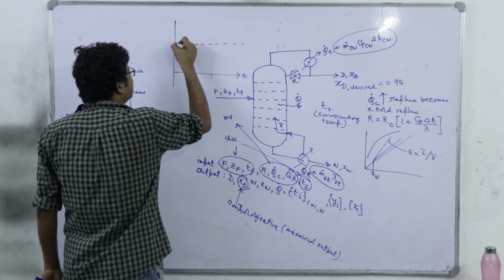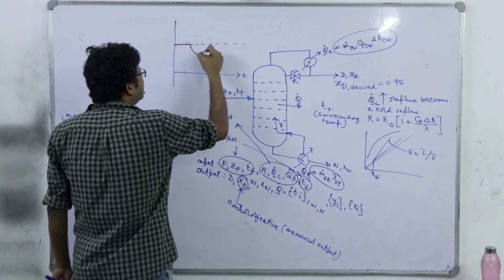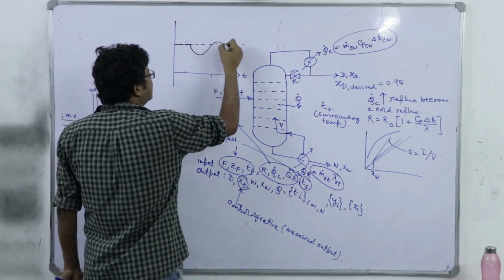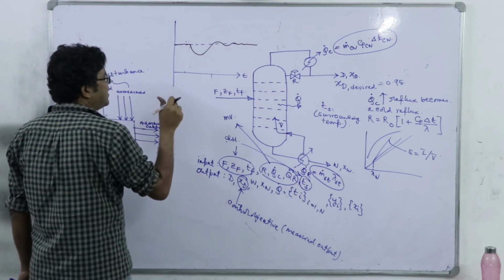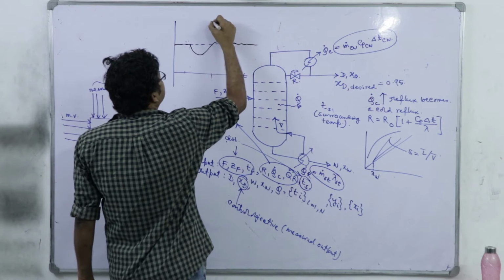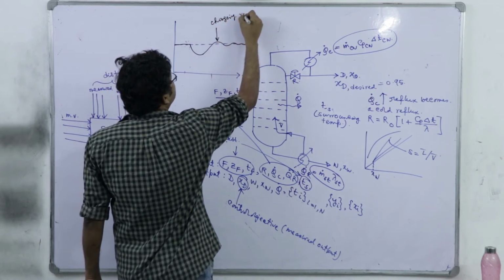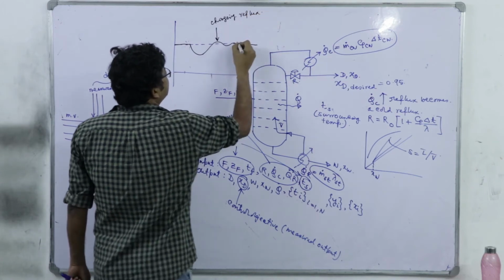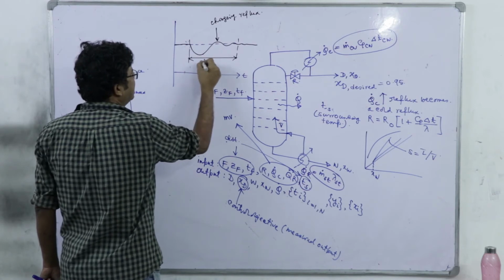Now because of a certain change in the disturbance, it decreases. So if I adjust R, it will very easily settle down. But if I go on tuning this R, so here this is changing reflux, right. So it will settle again to its desired value over a time interval of T1.